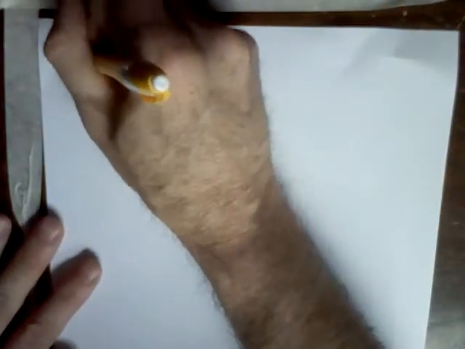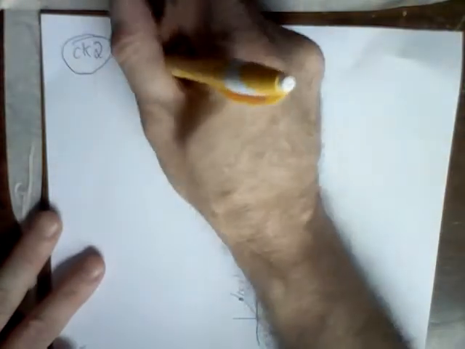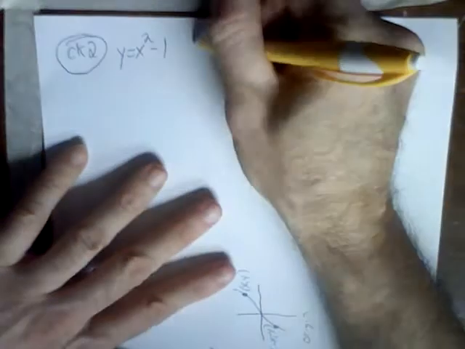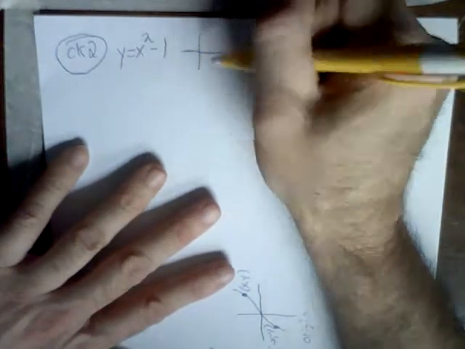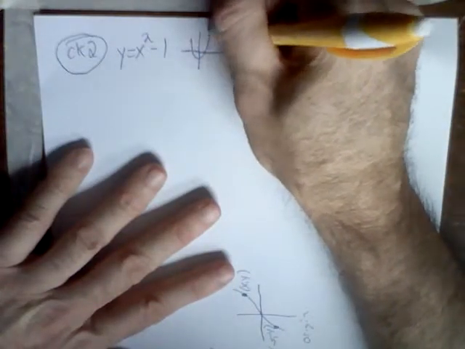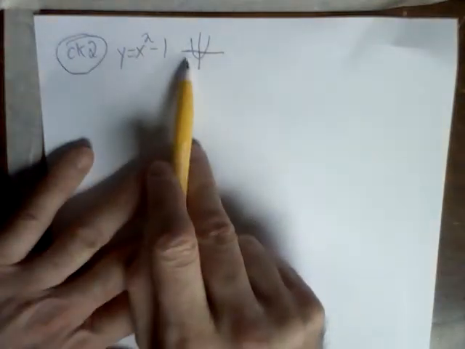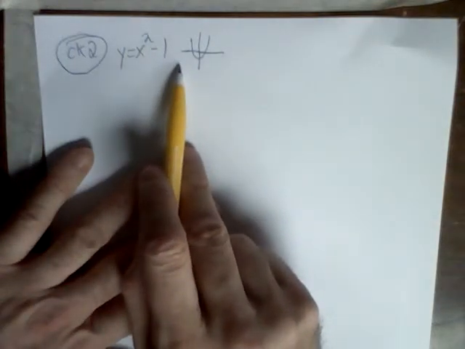So we'll look at checkpoint 2. Check y equals x squared minus 1 for symmetry. You may know what this graph is. It's just a parabola right here. So it's going to have y-axis symmetry, and not x-axis or origin symmetry.